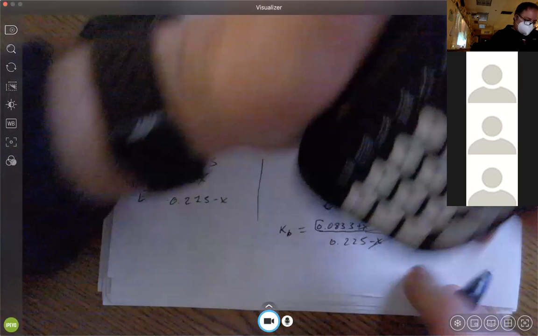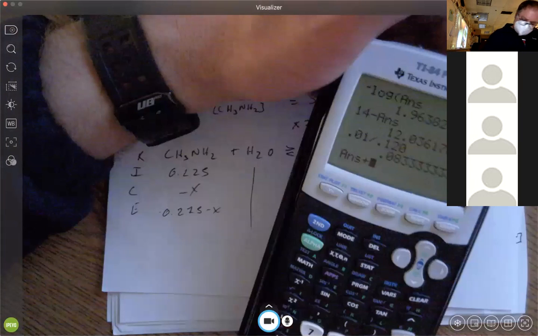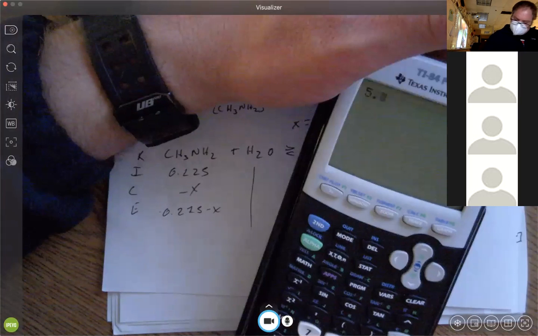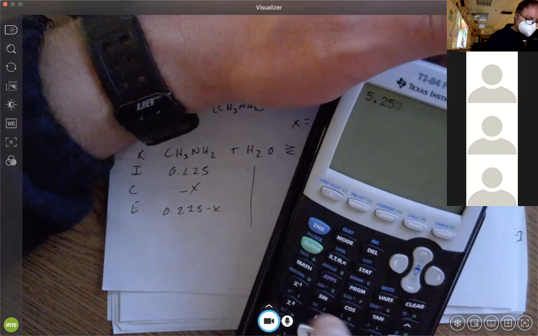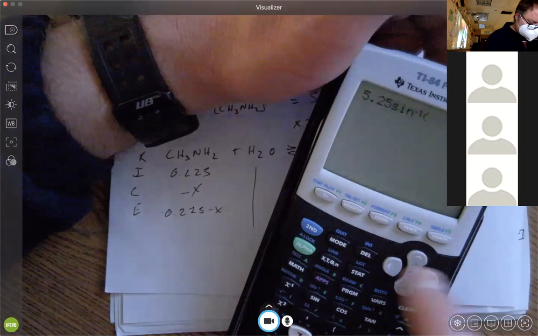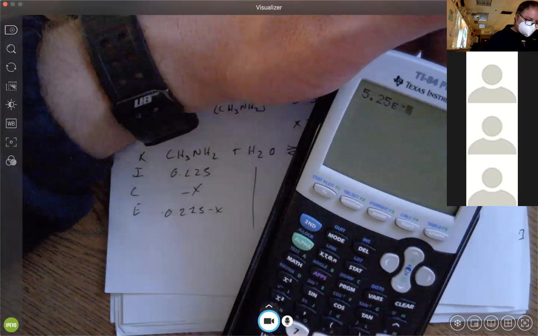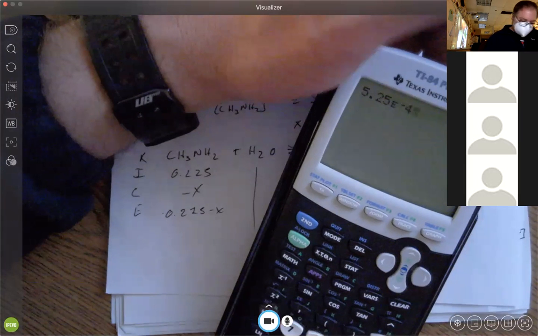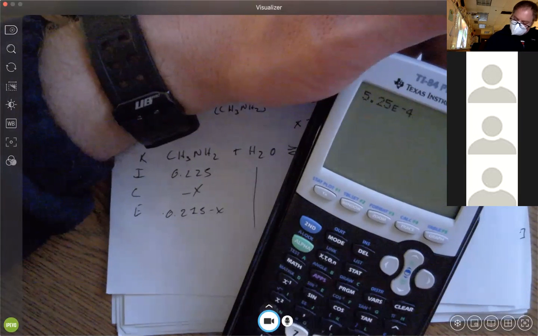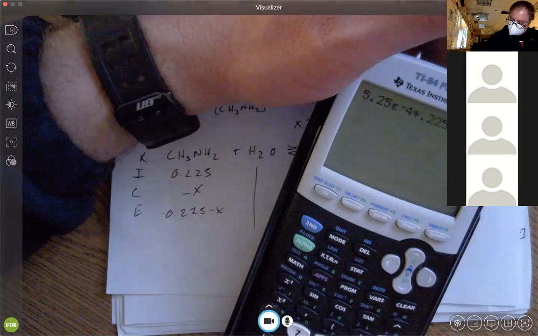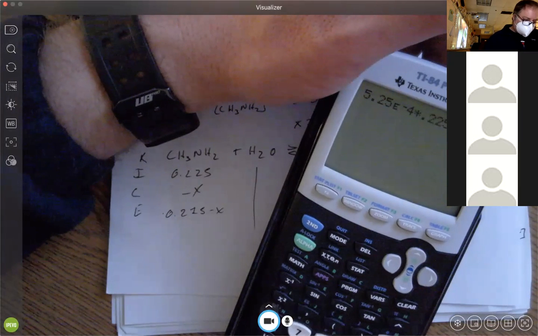So we take a look again, we have that 5.25 times 10 to the negative fourth. We're going to multiply that by 0.225, and then we're going to divide that by 0.0833.